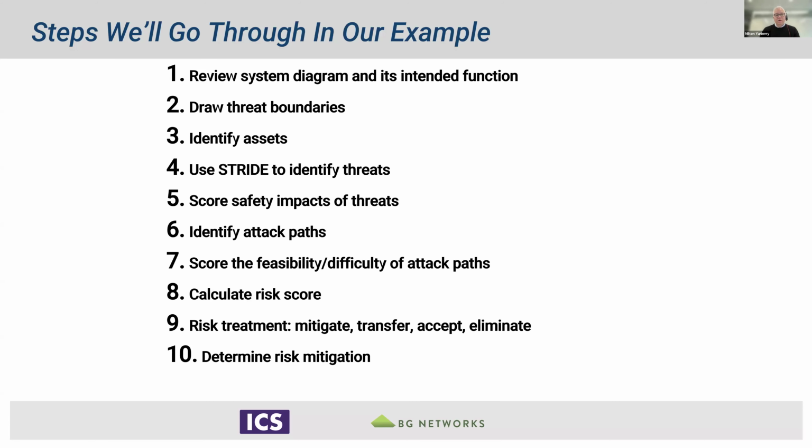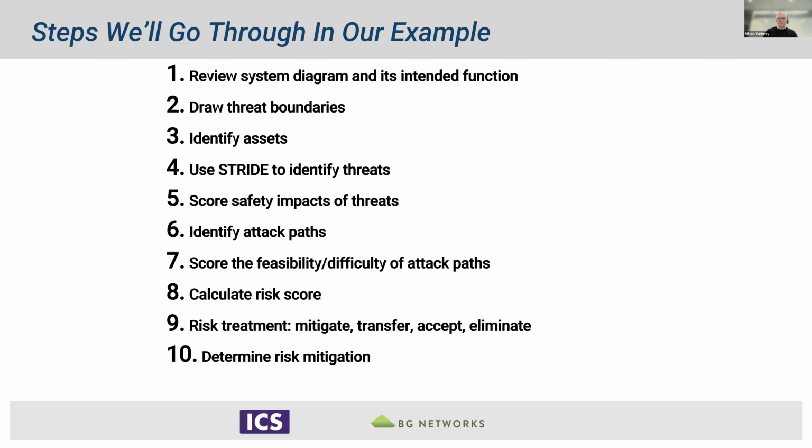Identifying assets, and then using the STRIDE method to identify the threats, and then scoring the safety impacts of the threats. And then step 6 would be identify the attack paths. And then that takes you to the point where you're ready to do the scoring of the feasibility or the difficulty of the attack paths, and then a further calculation for the overall risk score.